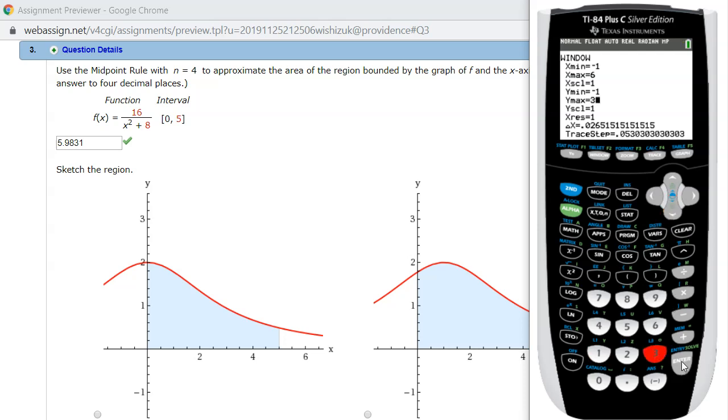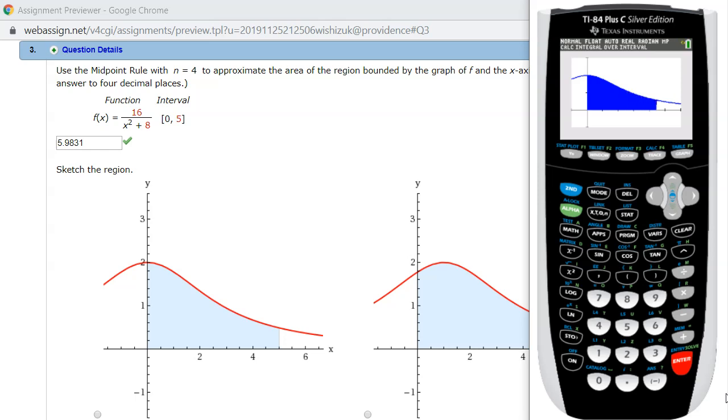Then hit enter. Actually, we're going to go to graph, sorry. That's the graph, and I'm going to have to redo the integral here. So number 7, from 0, enter, and 5, enter.